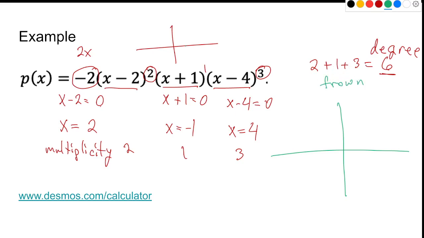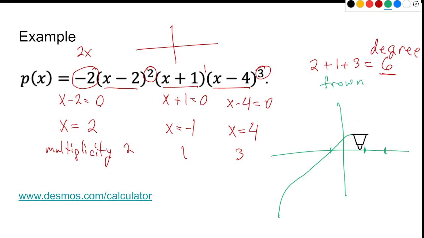But in between, we've got a multiplicity of 2 at x equals 2. So there's one here. Negative 1, we get a multiplicity of 1. And then at 4, would be about here, we get a triple. So we know it's a frown, so it's got to come from here. So it's going to come down from here. Going to go straight through.